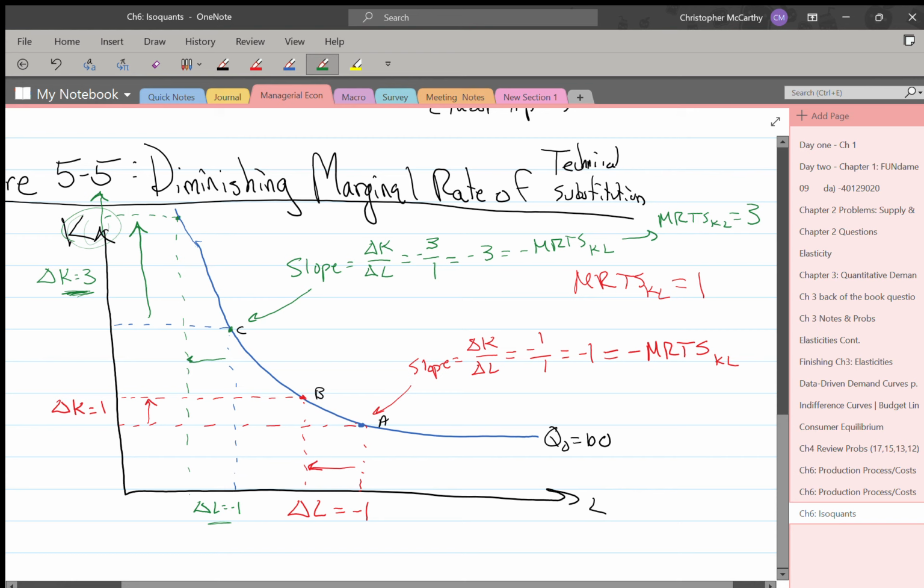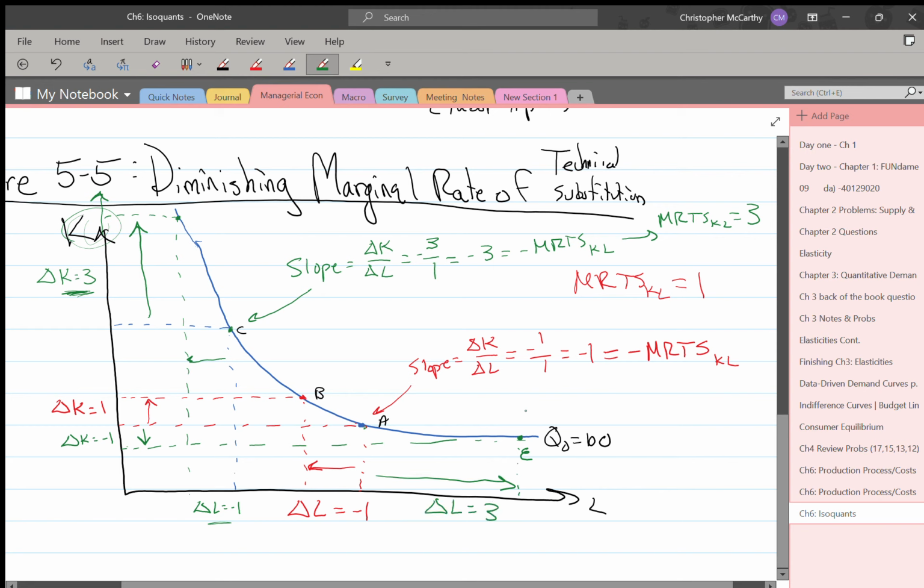and if we wanted to, we would find that going from A to some point like E, right? Let's say that we wanted to decrease capital by 1. What would we get in terms of the increase in the labor? We would get an increase in labor of 3.